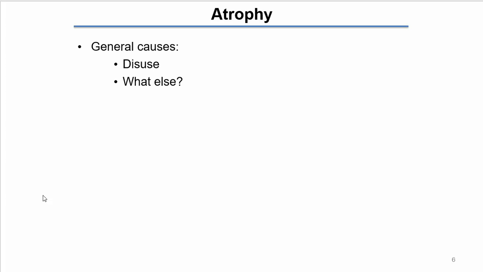Decreased nutrition can do it. Like you've seen on the Save the Children commercials, those kids really have a lot of atrophy, especially of their limbs. People that are malnourished. If you see pictures of the concentration camp survivors and Auschwitz survivors, they are exhibiting lots of atrophy because of a general lack of nutrition.